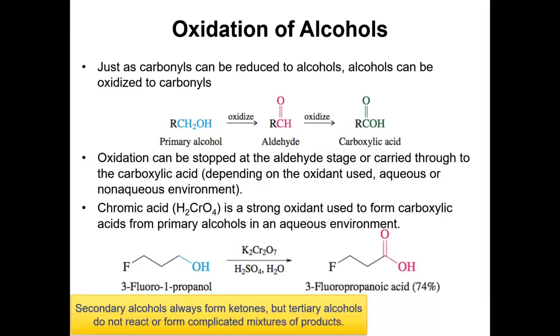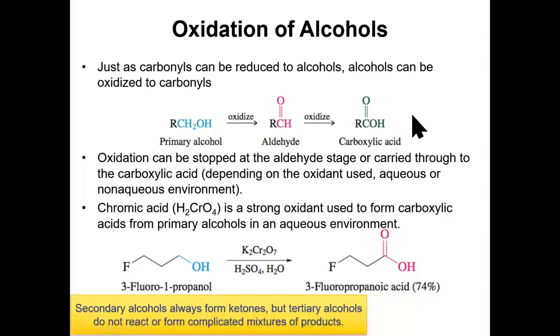So how this reaction works, we're going to look at the mechanism. But the key feature is that if you have a primary alcohol, and the reaction system you use involves water, then the oxidation will go all the way to carboxylic acid.